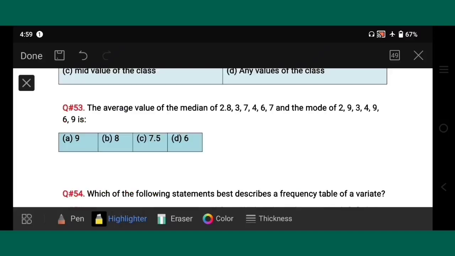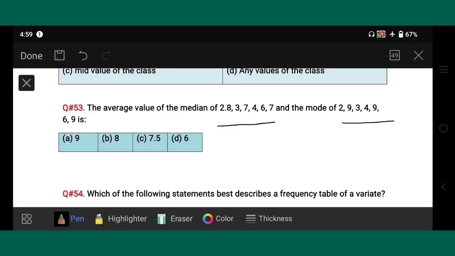Question number 53. The average value of the median of 2, 8, 3, 7, 4, 6, 7 and the mode of 2, 9, 3, 3, 4, 9, 6, 9 is, the options are 9, 8, 7.5 and 6. So we are going to find the average value of the median calculated from this data and the mode calculated from this data.